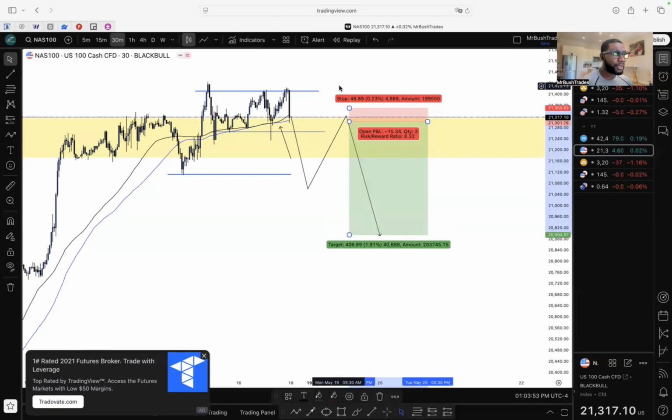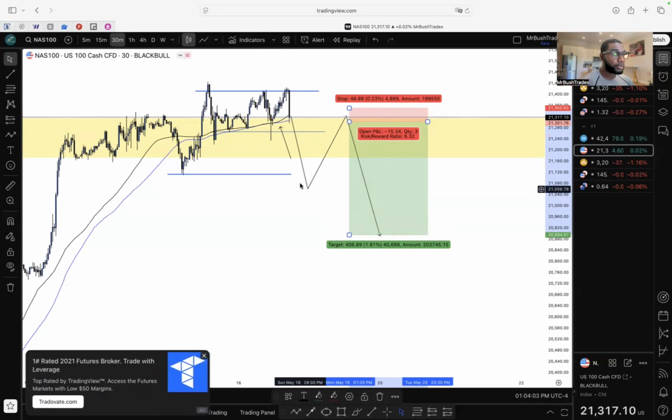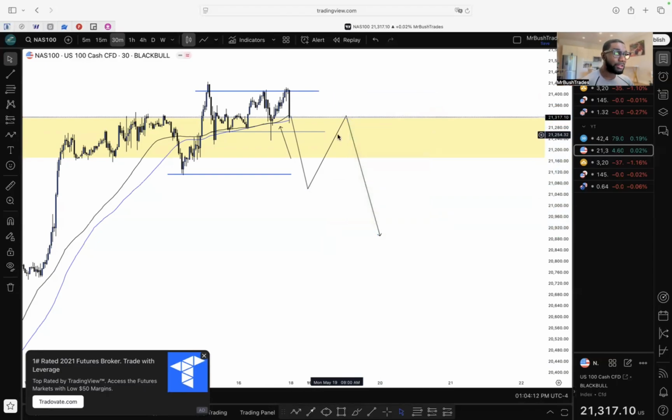Where it can be anywhere, right? But we will have to wait to see price break support to establish a lower support, to establish the lower low, pull back to establish a lower high, and then we can look for entries to target the lower low, right?